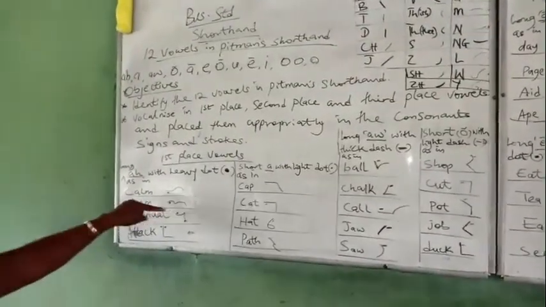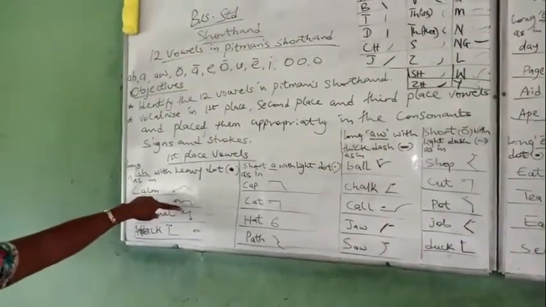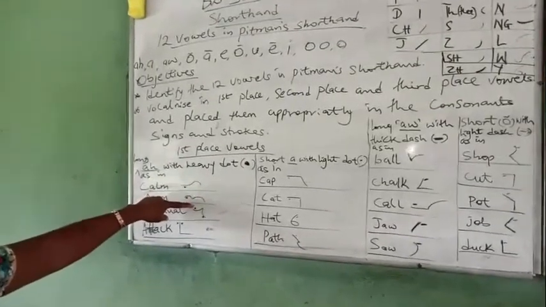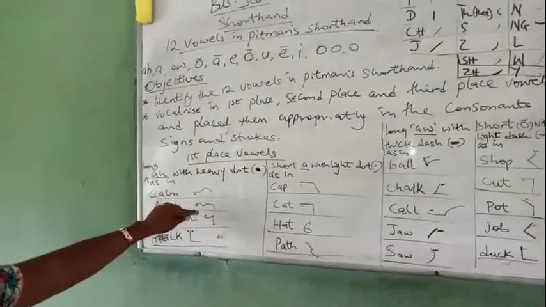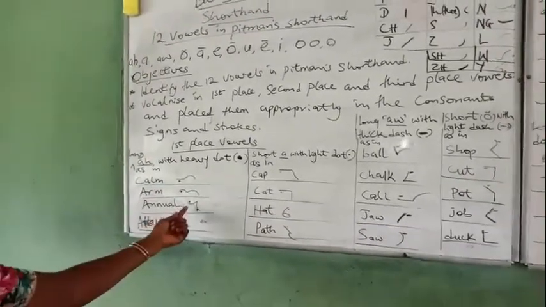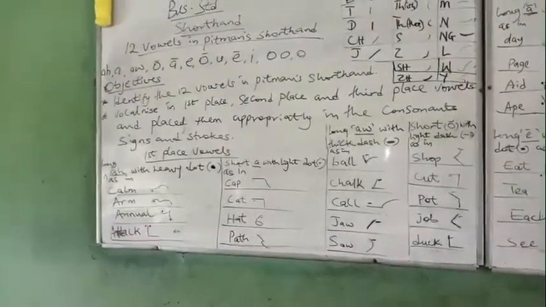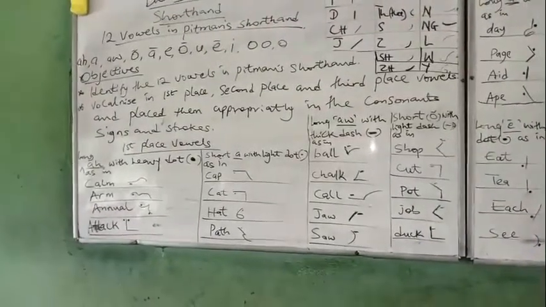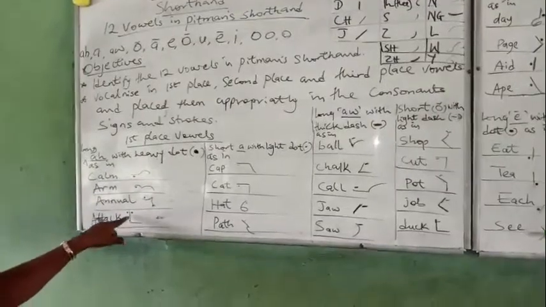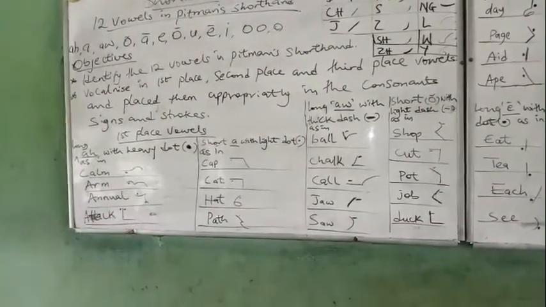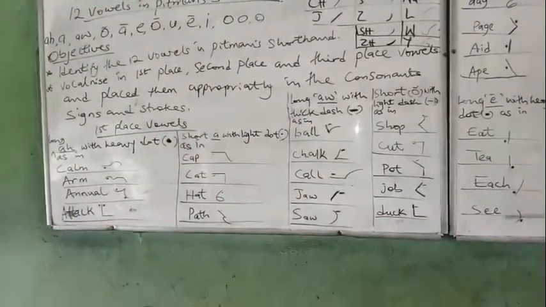Annual. If you want this one, you see that the vocalization is in front before N and other things. Then attack, and after another K at the end.